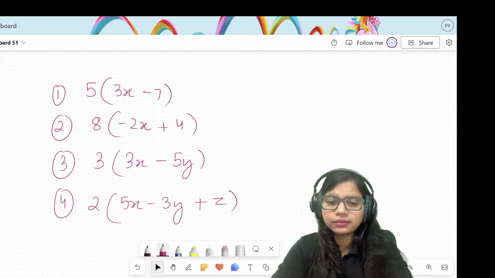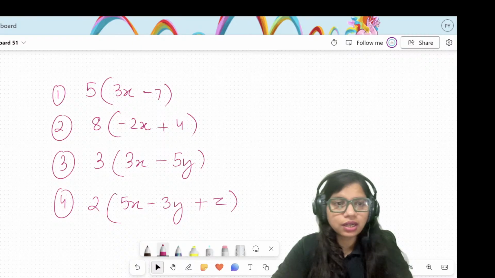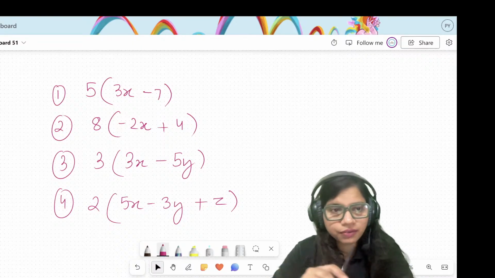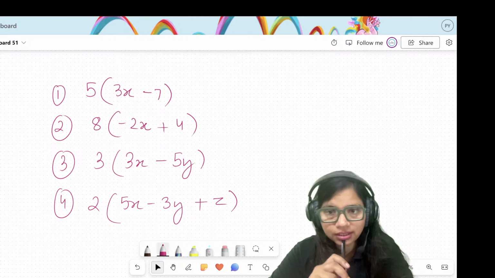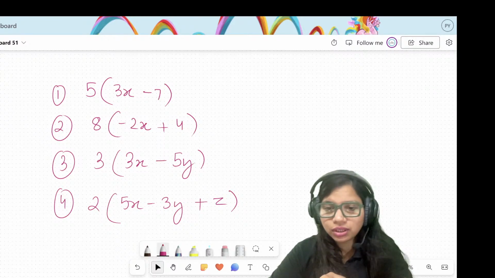Jyoti Goel, we have a new student here. I can see Advika's working. Advika, the first answer is 15x minus 35. You both are correct, Advika and Jyoti.